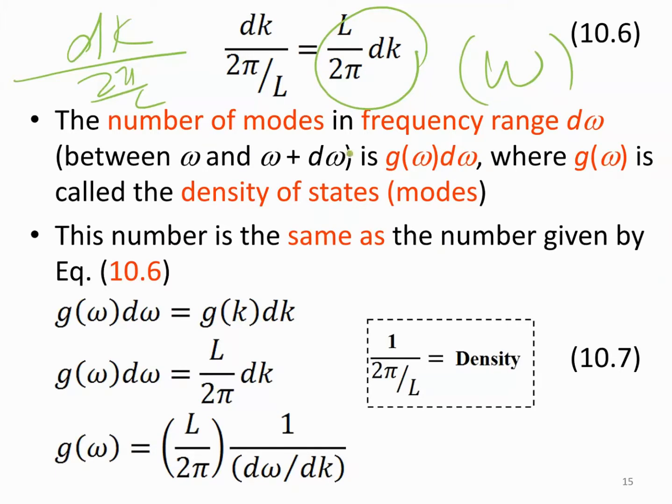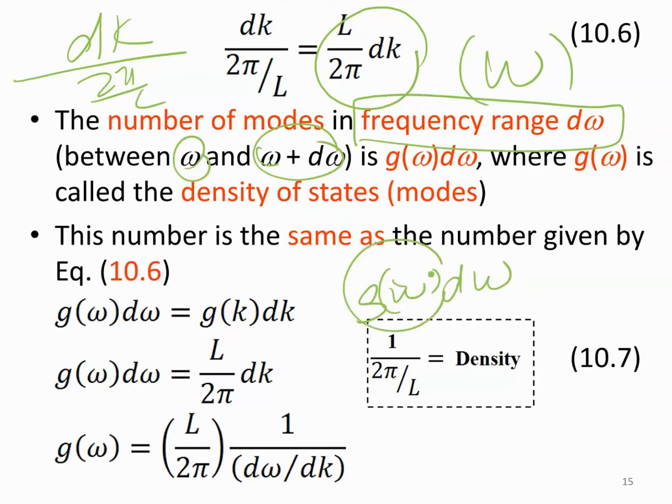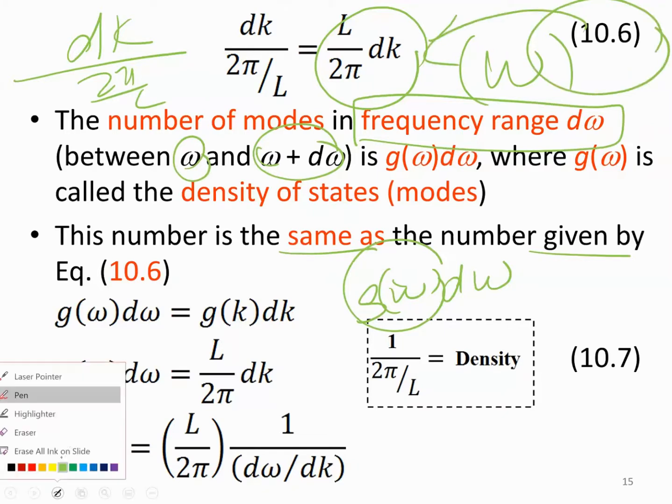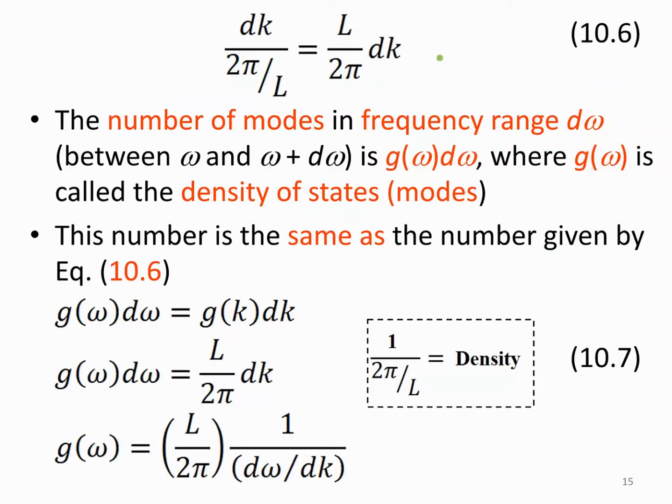So the number of modes in the frequency range between omega and omega plus d omega is g(ω) dω. Here g(ω) is the density of states, and this number is the same as the number given by equation 10.6, because the number of modes that we obtain based on k, the wave vector, should be equivalent to the number of modes that we obtain based on omega.